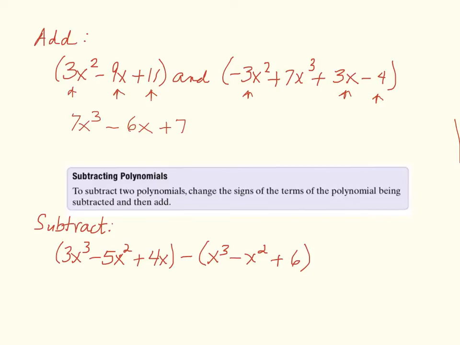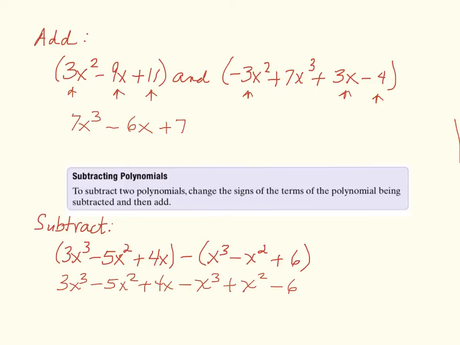So I always rewrite my problem. Let's subtract 3x cubed minus 5x squared plus 4x, minus, now, x cubed plus x squared minus 6. You have to be careful when you do this to change the sign when you're subtracting.